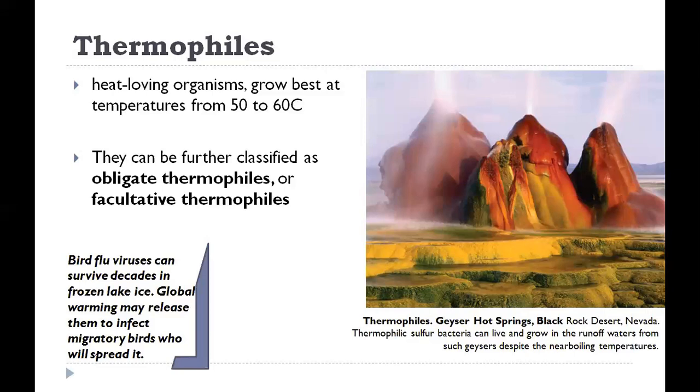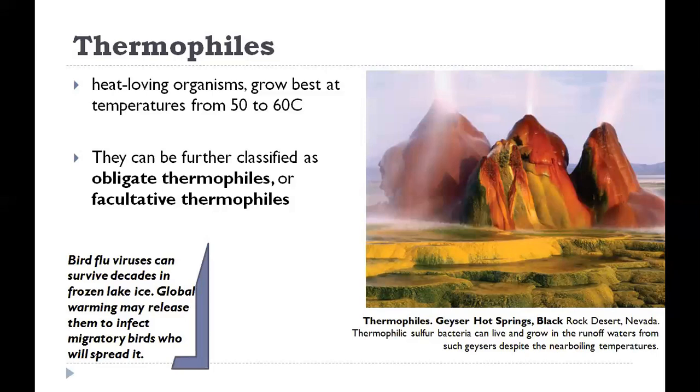Why does this happen? Because obligate organisms have only one set of enzymes. In obligate thermophiles, they just have a set of enzymes capable of working at very, very high temperature. So at room temperature or at low temperature, those enzymes will get denatured, and that is why the organism will stop all functioning and it will die.